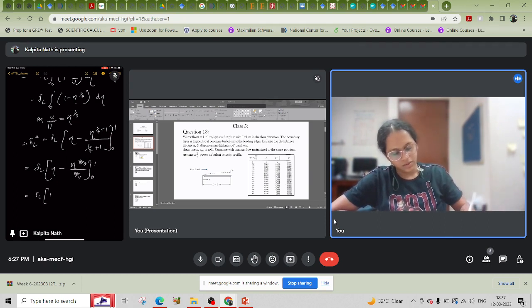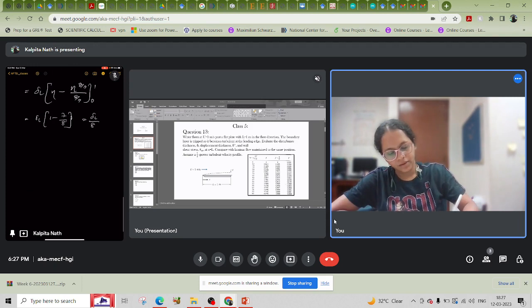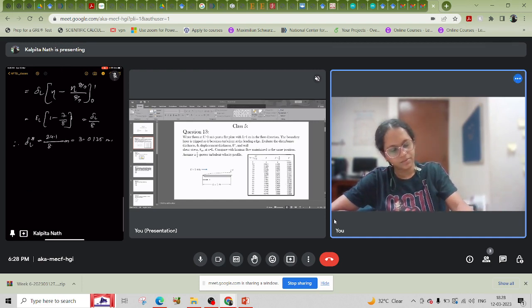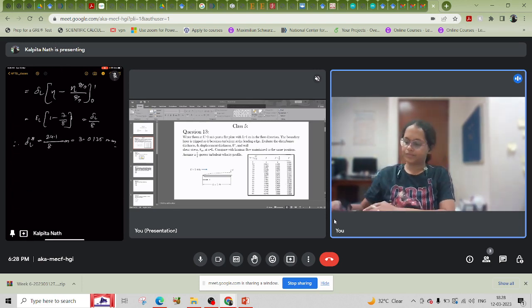That is delta L times 1 minus 7 by 8, which is delta L by 8. Therefore delta L star is equal to 24.1 by 8, that is 3.0125.